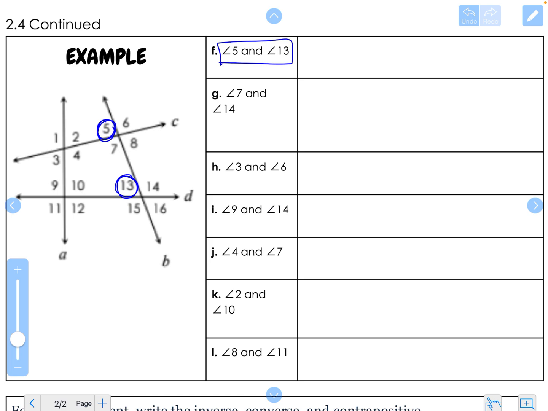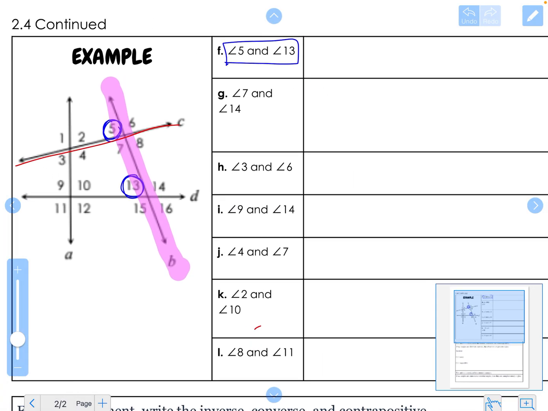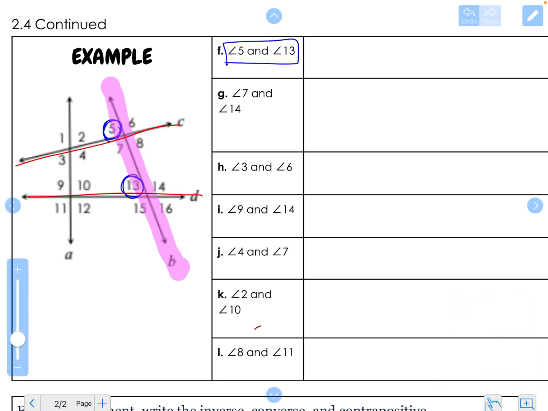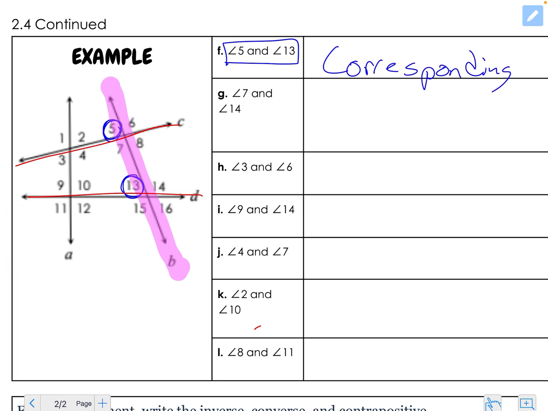So if I look at 5 and 13, the line that they're on is line B. And so line B crosses C and D. So now I'm comparing 5 and 13. 5 is above line C and to the left of the transversal. 13 is above D and to the left of the transversal, which makes these corresponding angles.